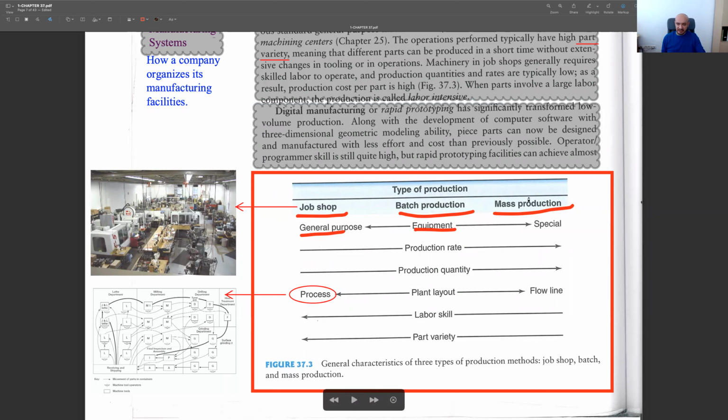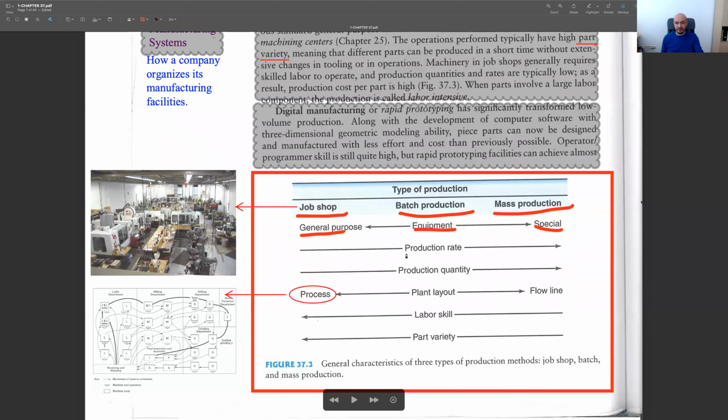And in mass production, we have special equipment, and this equipment cannot be used for different purposes. This is the main difference with respect to other manufacturing operations. And for batch production, we have something in between. So I'm not going to discuss these properties for batch production. It's always in between job shop and mass production.